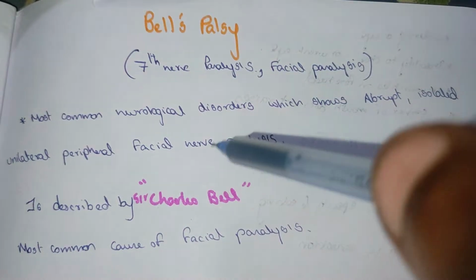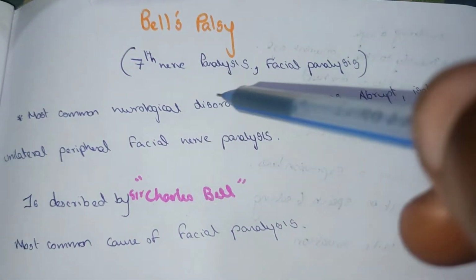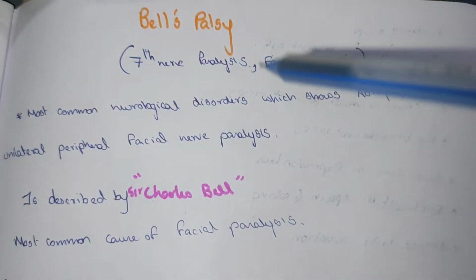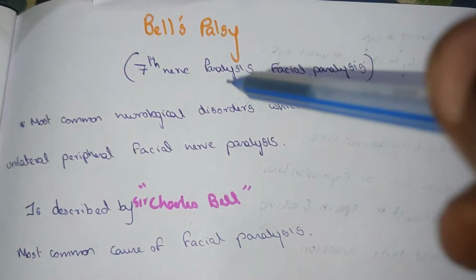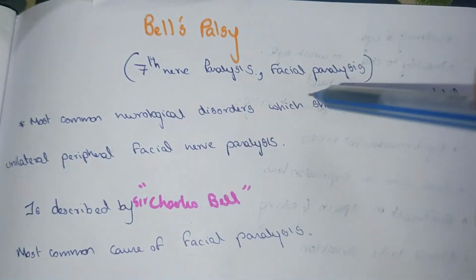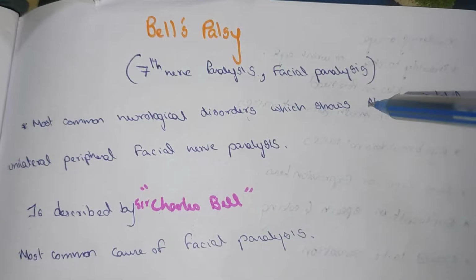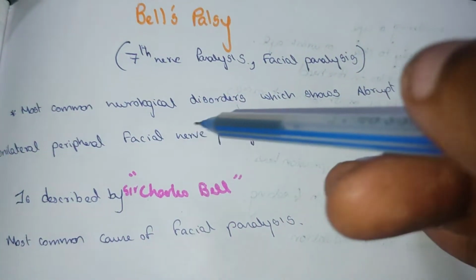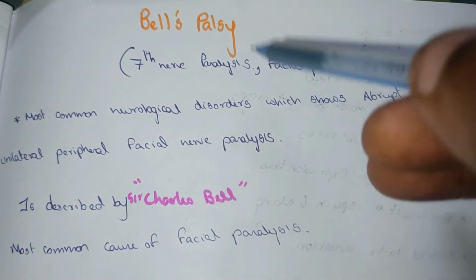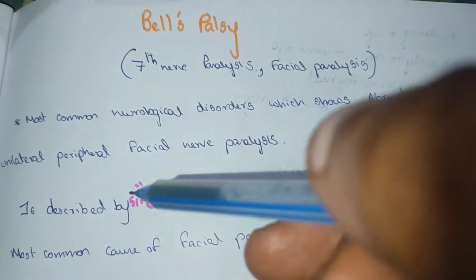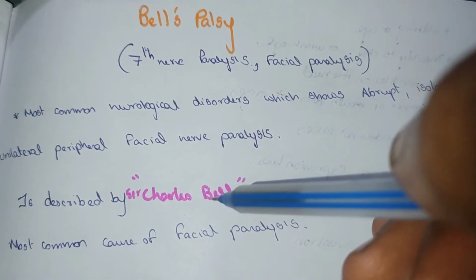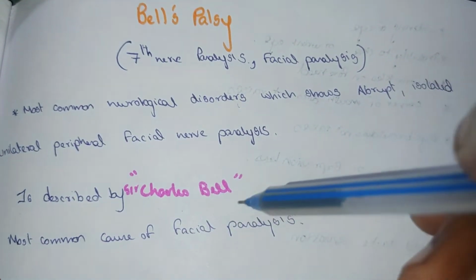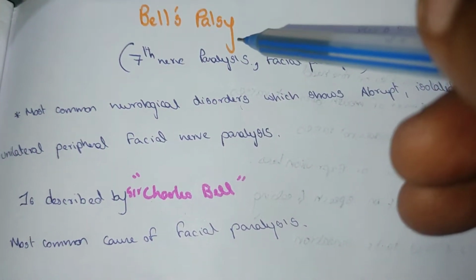Here, this facial nerve paralysis is because the seventh nerve, the cranial nerve number 7, is the facial nerve. So it is otherwise known as seventh nerve paralysis or facial paralysis. The name Bell's palsy is because it was described by a scientist, Sir Charles Bell. So it is known as Bell's palsy.